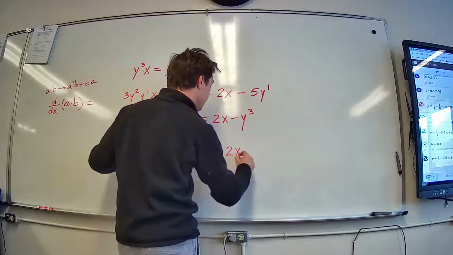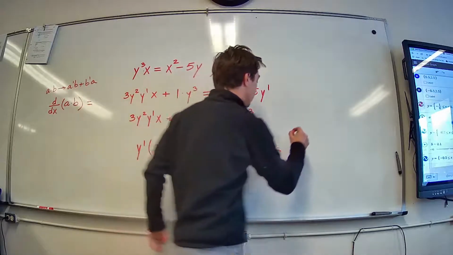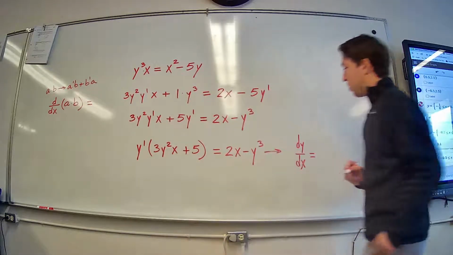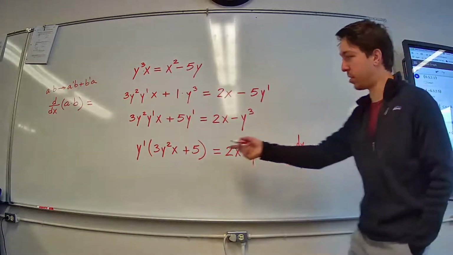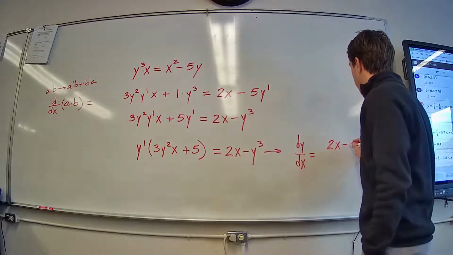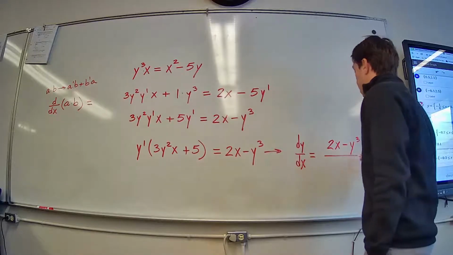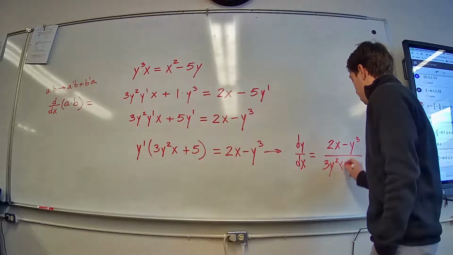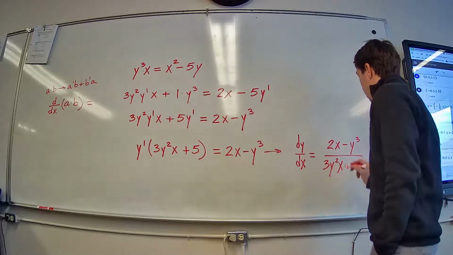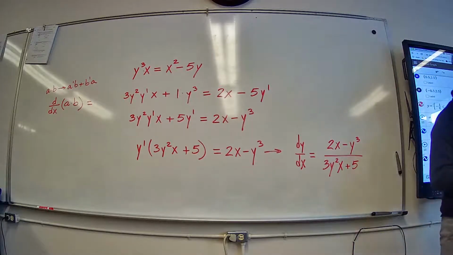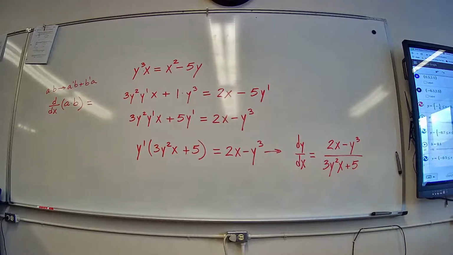We're almost done. So then we just divide both sides by this quantity, that expression. And there you go. That's not the prettiest thing.